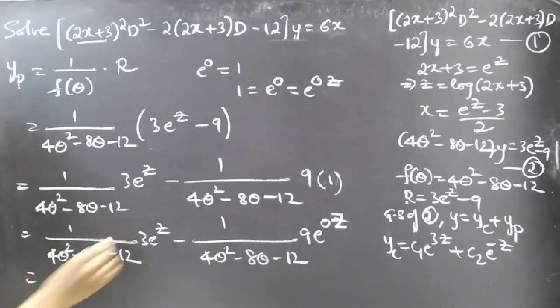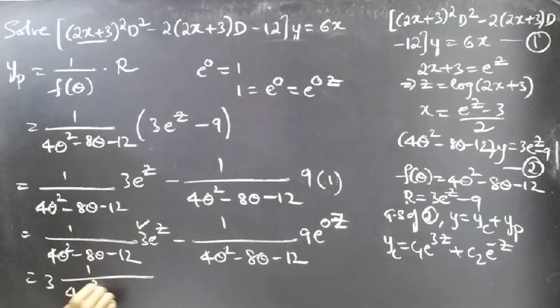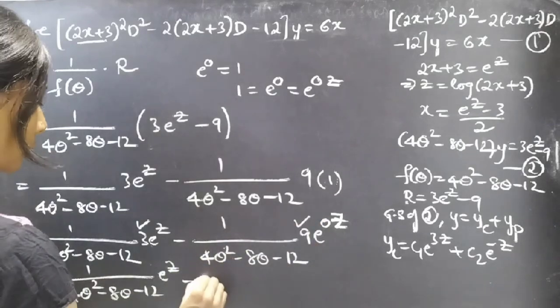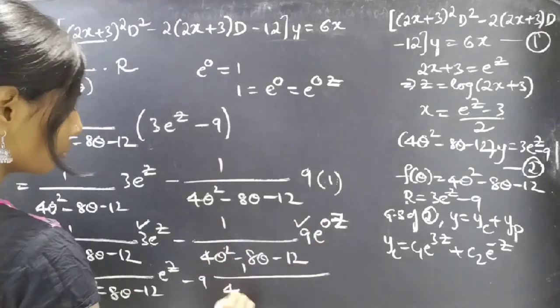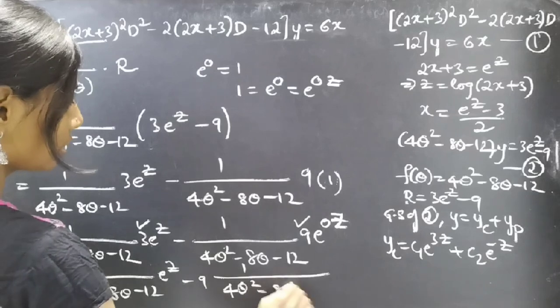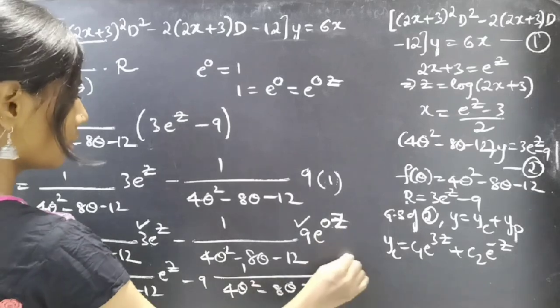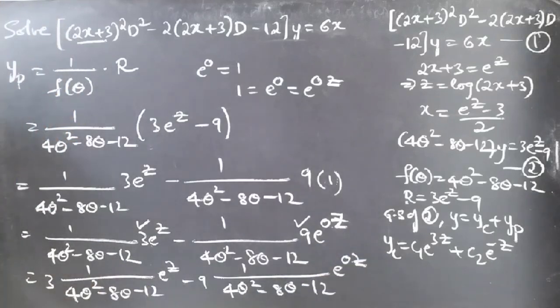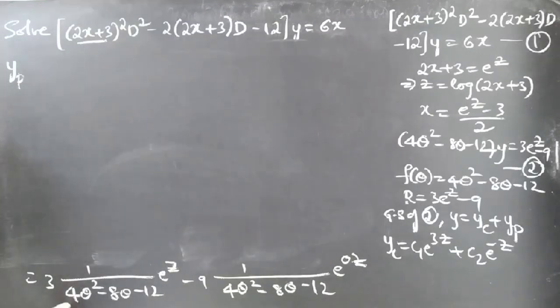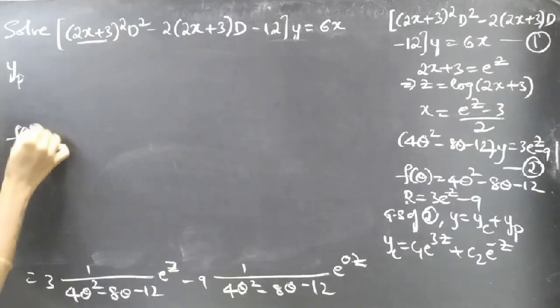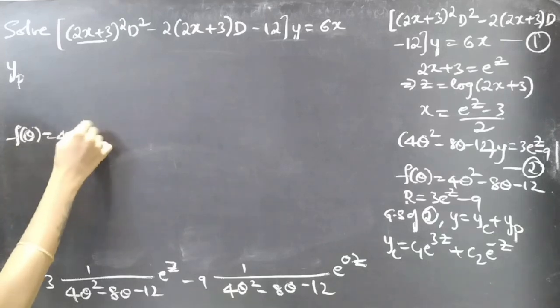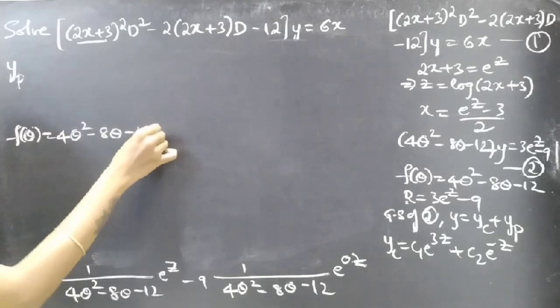Again we'll write this with the constants outside, that is 3 into 1 by f of theta into e power z minus the constant 9 into 1 by 4 theta square minus 8 theta minus 12 into e power 0z. Okay. So we have f of theta equal to 4 theta square minus 8 theta minus 12, right?